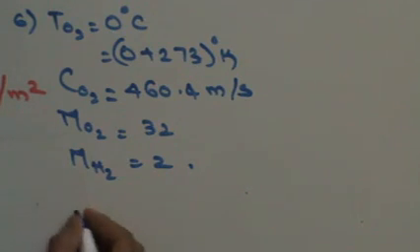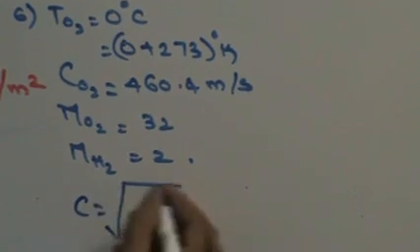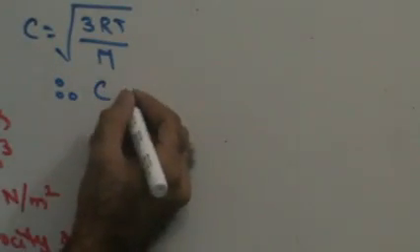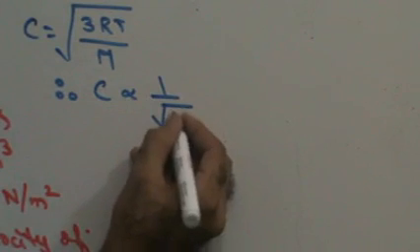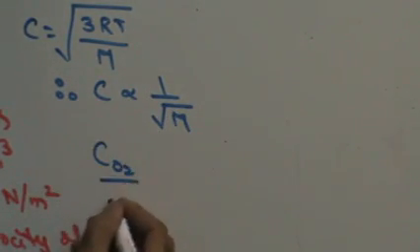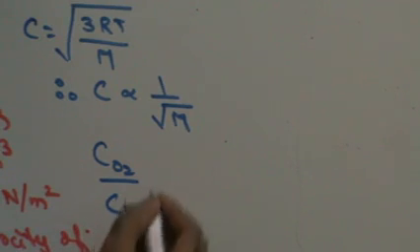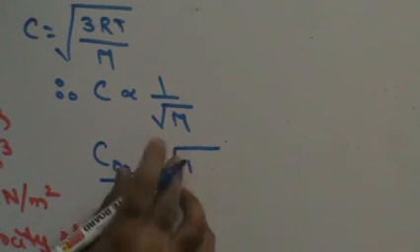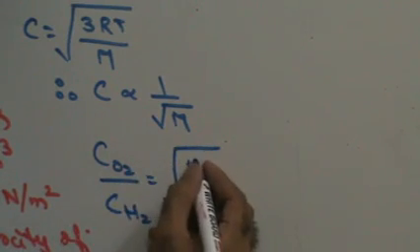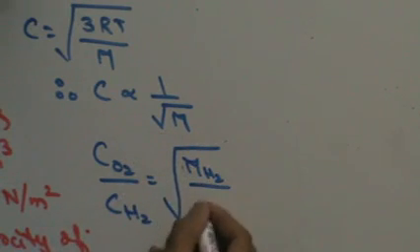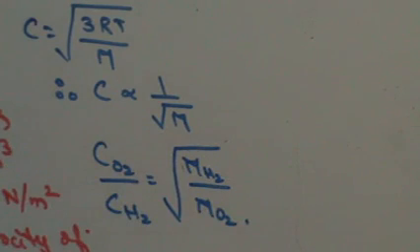Right? Now we know that RMS velocity is square root of 3RT upon m. Since temperature is constant, therefore I can say that RMS velocity is inversely proportional to square root of m. Therefore RMS velocity of oxygen upon RMS velocity of hydrogen is equal to square root of molecular weight of hydrogen upon molecular weight of oxygen.